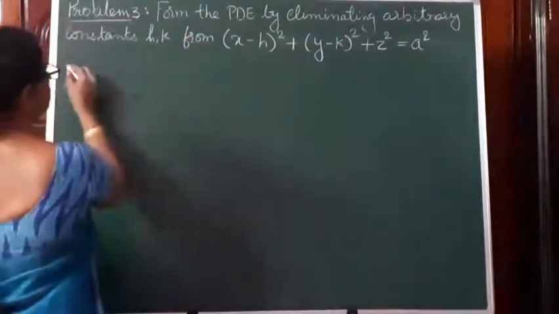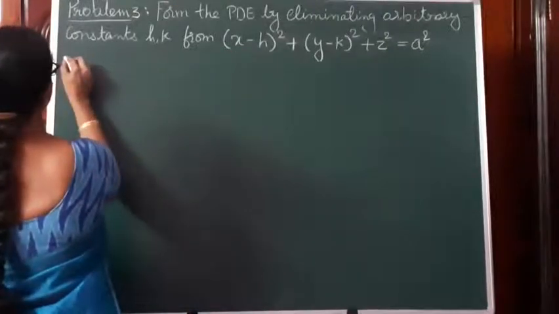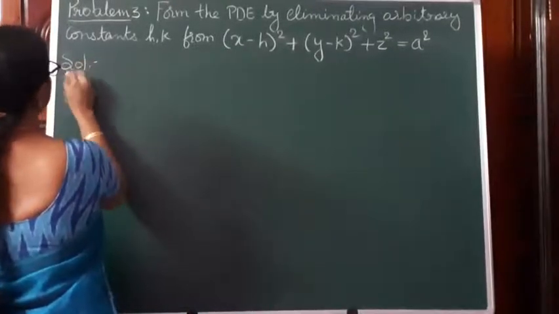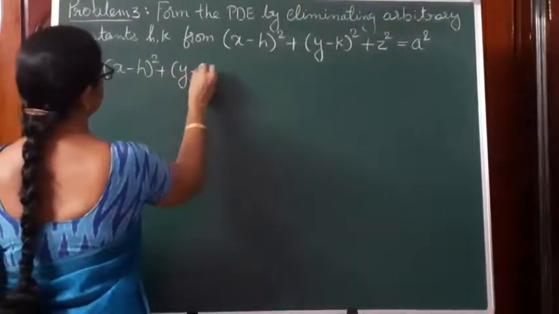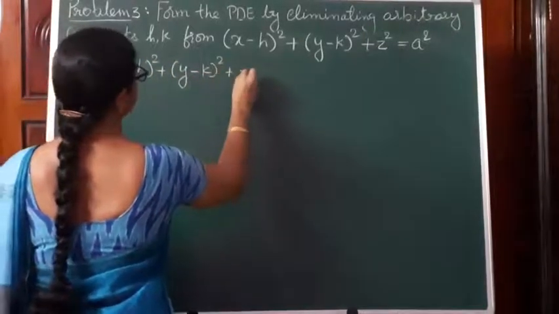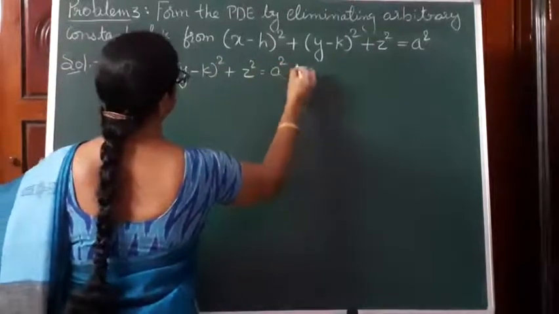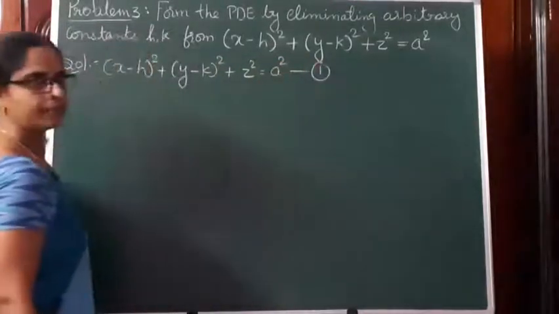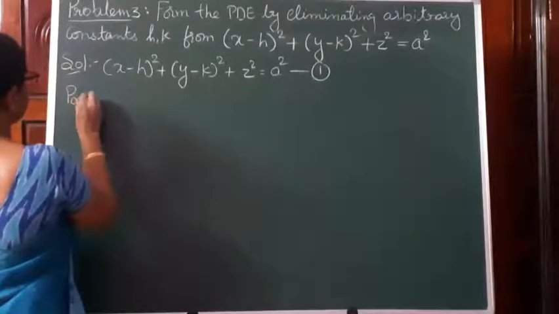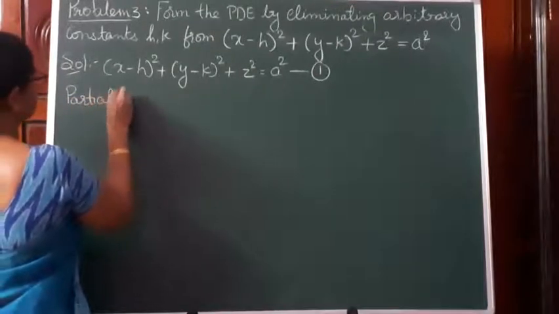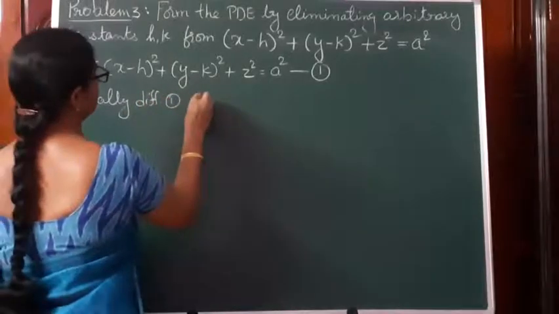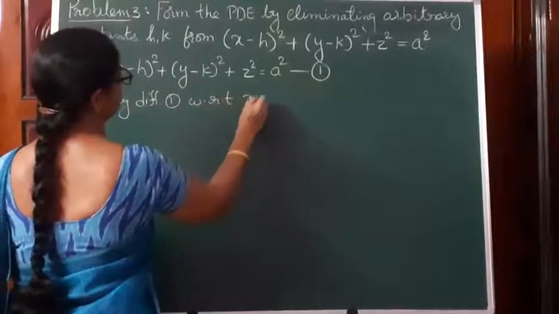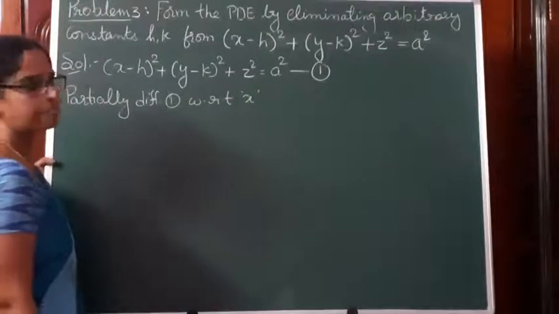Okay, so what do we do? We call this equation as 1. x minus h whole square plus y minus k whole square plus z square is equal to a square, as equation 1. Now partially differentiate 1 with respect to x. Then what happens?